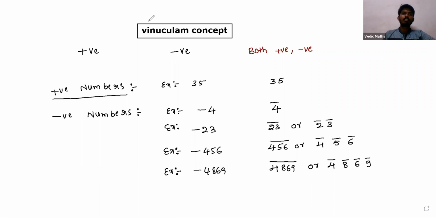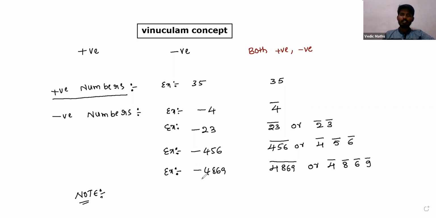Another very important point we have to observe from these examples. Based on this note, we convert vinculum numbers into normal numbers and normal numbers into vinculum numbers. What is the point? Suppose we see a positive number and a negative number.